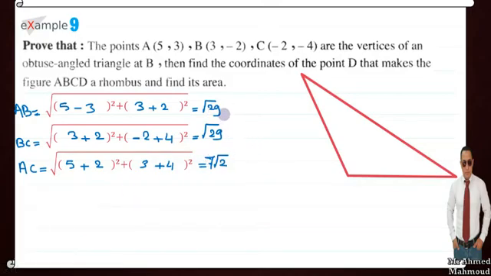Then AB power of 2 equals root 29 all power of 2 equals 29, and BC power of 2 equals root 29 power of 2 equal 29, and AC power of 2 equals 7 square root 2 all power of 2 equals 98.